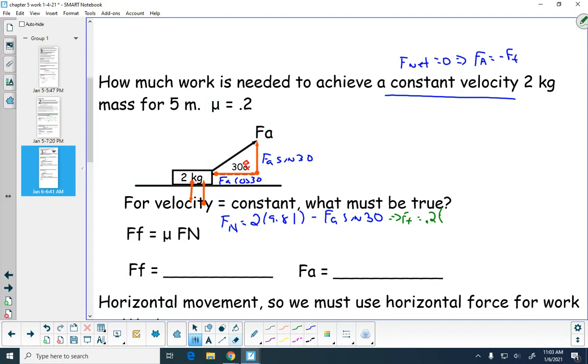So we have 2 times 9.81 minus FA sine of 30 degrees. I'm sorry I put a very difficult problem in here to begin with.